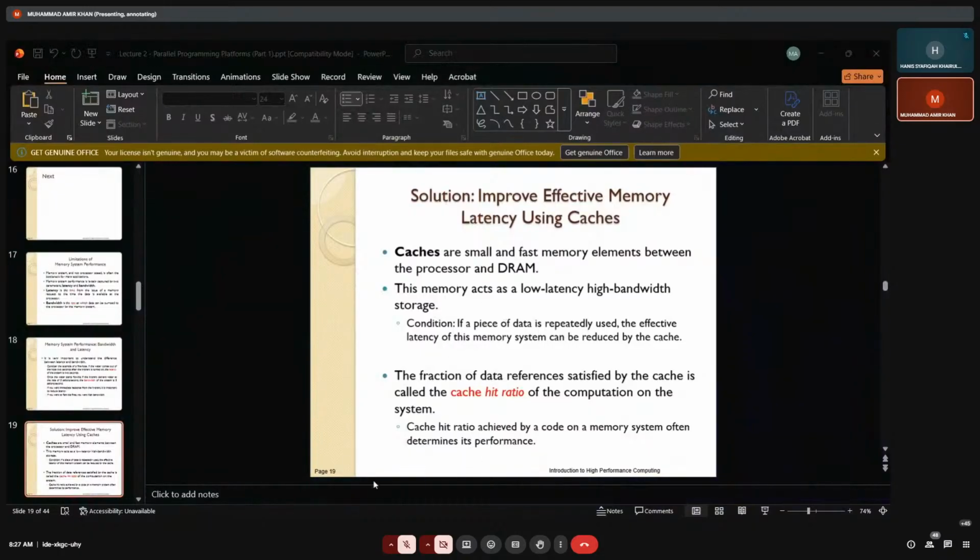That's why cache is expensive, cache is fast, and cache size is small, because of its construction cost, the construction material. Understand? You can ask questions. Can we use cache instead of memory?